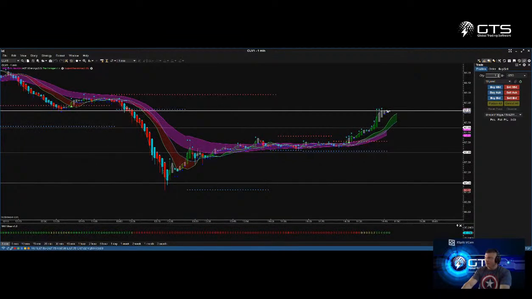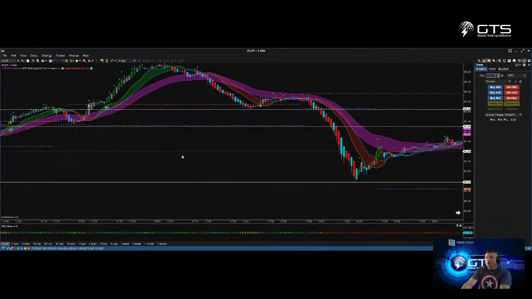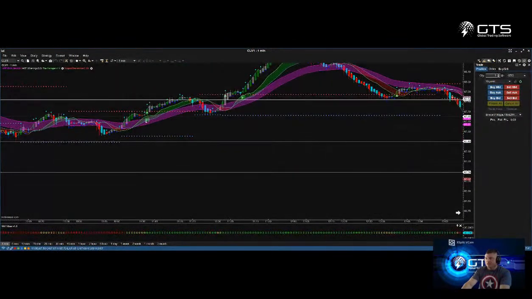I thought the oil pit was closed. Whatever, there's no stars there anyway. All right, so here we go. Here's the 6-star that came in, right? Here's the entry. Bada bing.